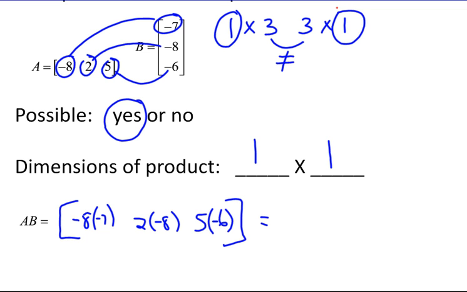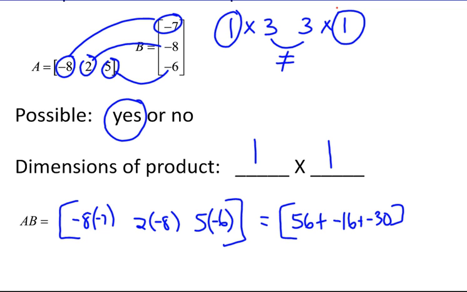Which is equal to 56, -16, -30, all added together.